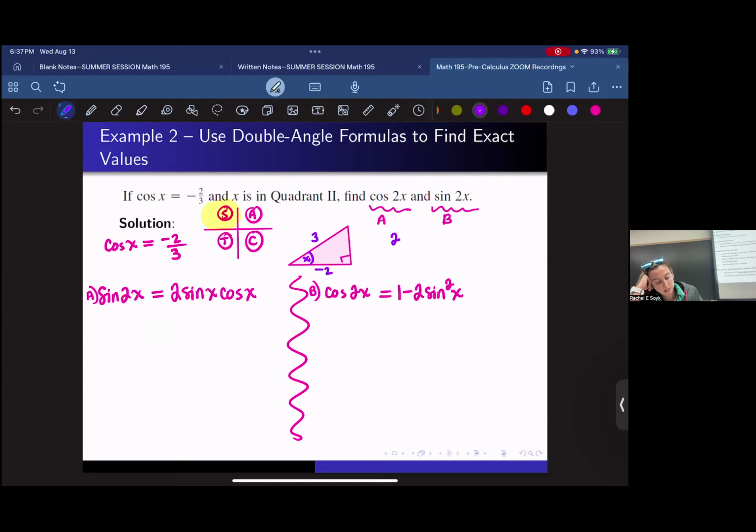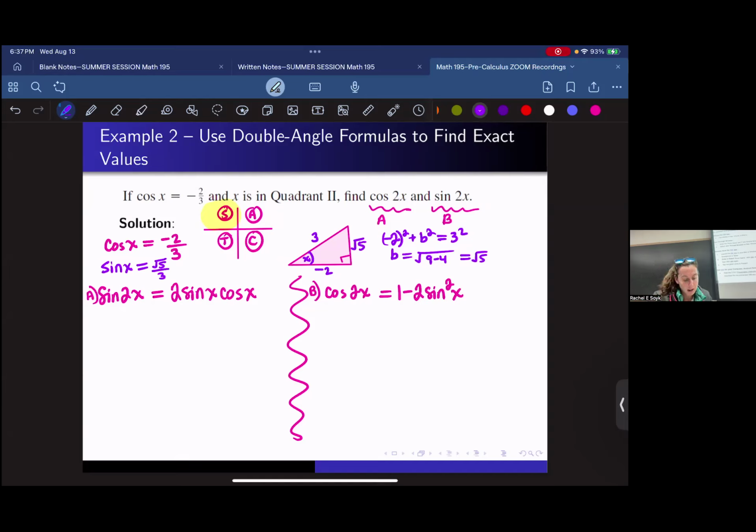So we end up getting -2 squared plus b squared equals 3 squared, or b is the square root of 9 minus 4, which is just square root of 5. And then that will tell us that our sine of x is square root of 5 over 3.